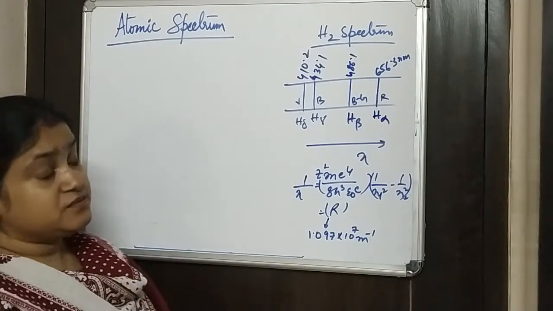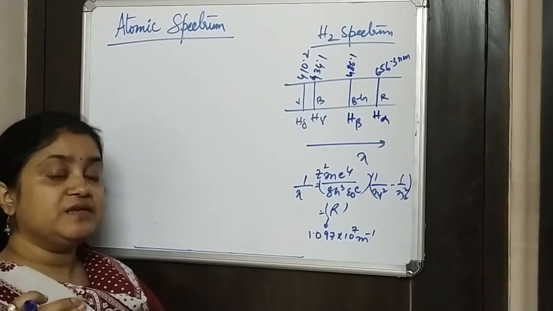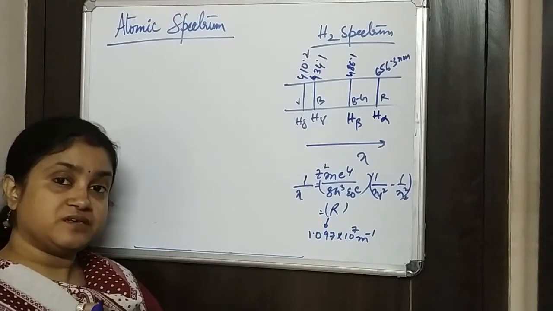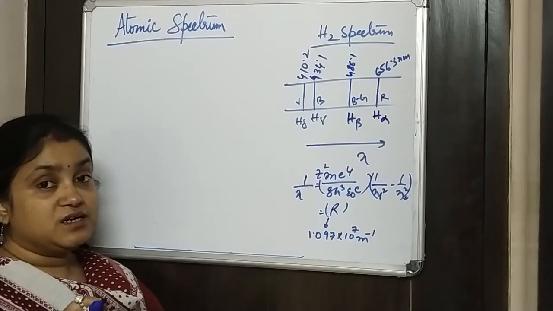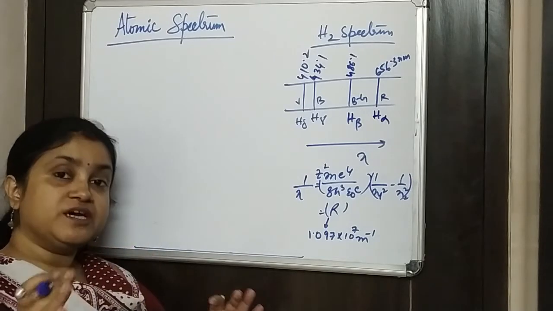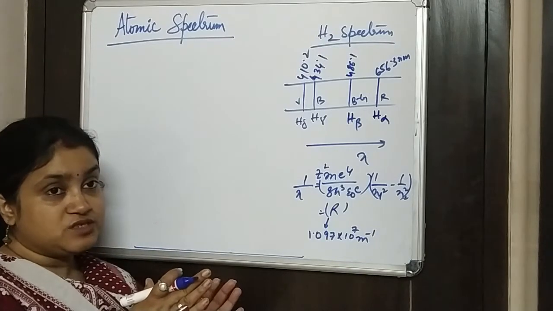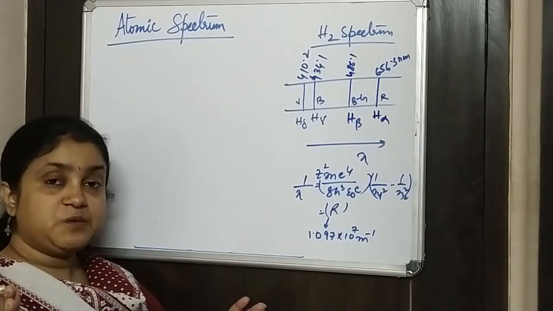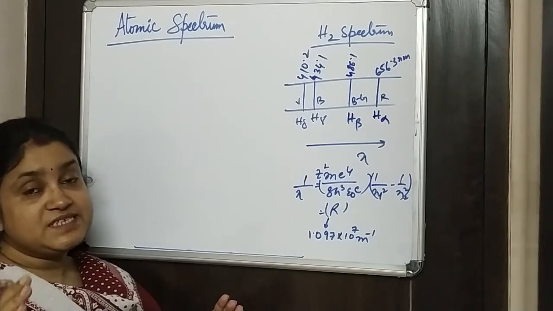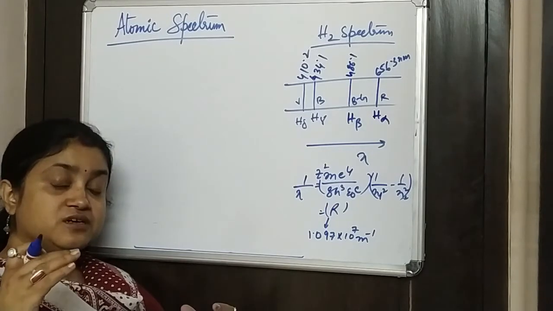In the case of atoms, every atom of every element has a very particular type of spectrum. When we put the spectra together in a particular order of frequency or wavelength, we see that there is a set for each and every transition.